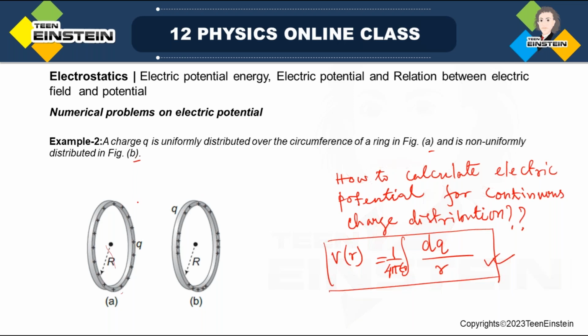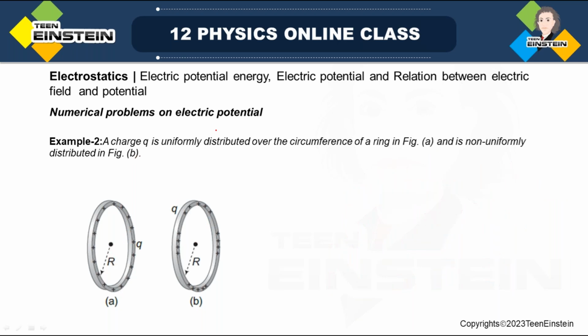In this case, generally electric potential we have to calculate. Let us say this is integration dq divided by 4 pi epsilon naught r.